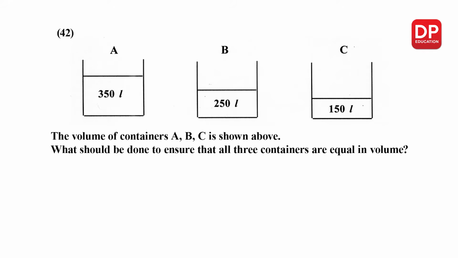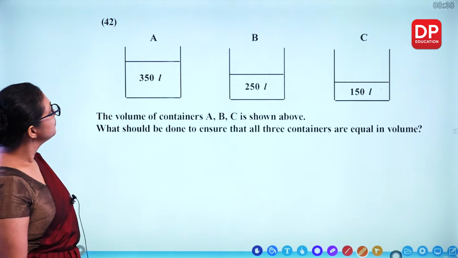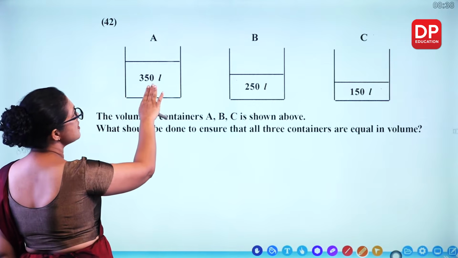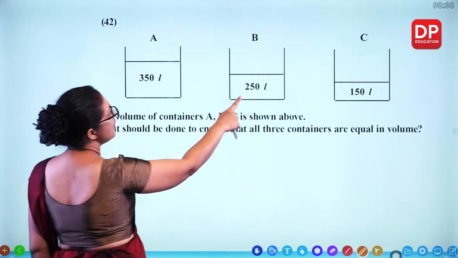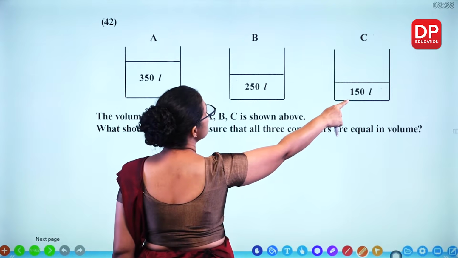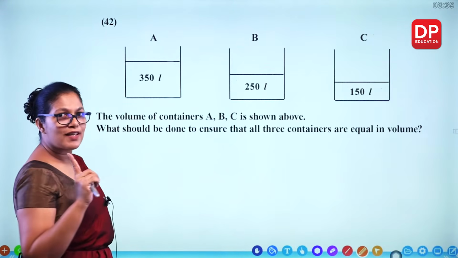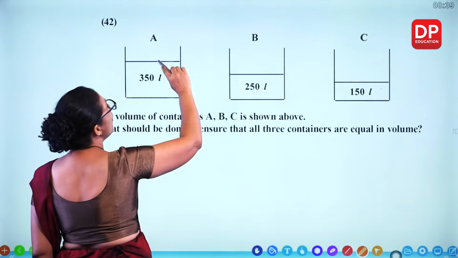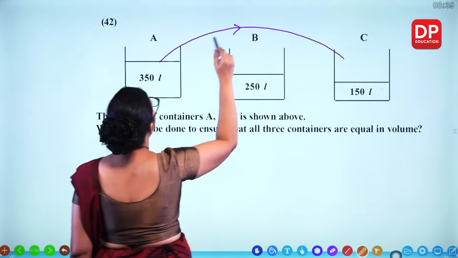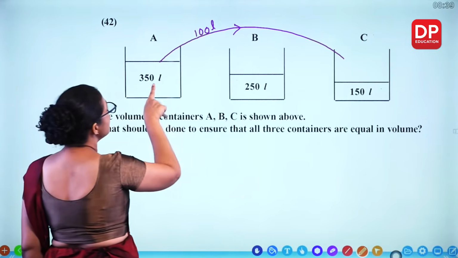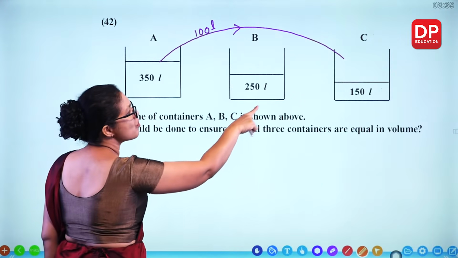The volume of containers ABC is shown above. What should be done to ensure that all 3 containers are equal in volume? Here 350, 250 and 150. So can you see this is 100 more than this, and when you take this one, it's 100 less than this one. So what can we do? If we pour 100 liters to this one, this becomes 250. Here also 250.